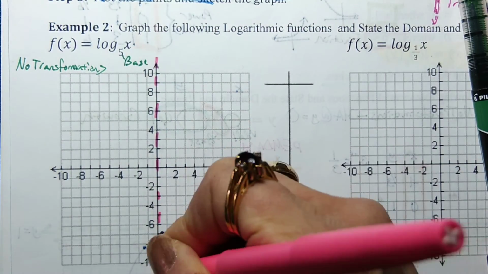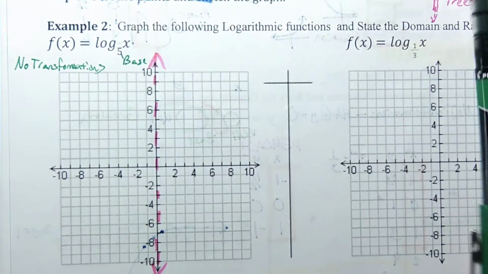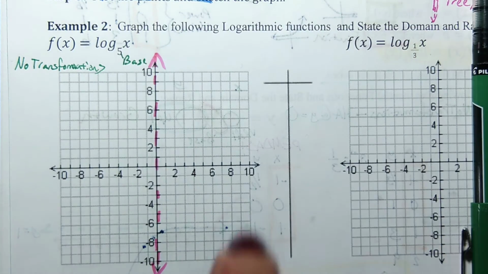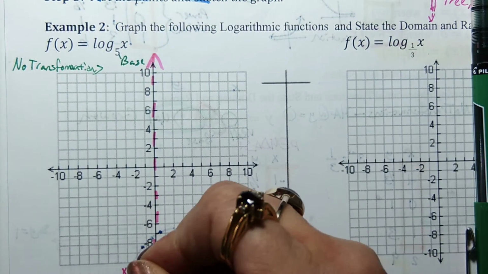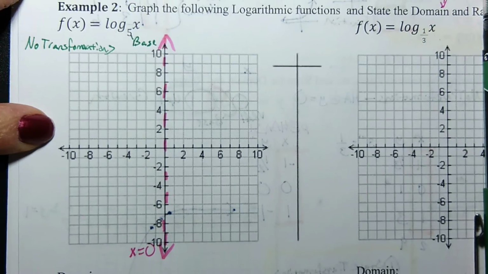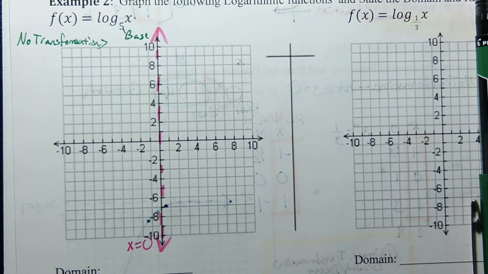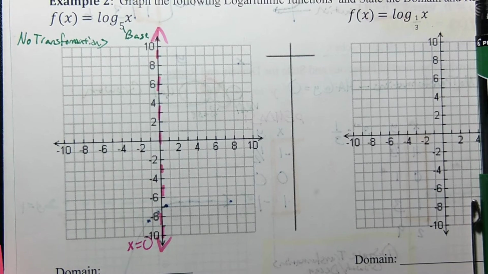Vertical asymptote at x equals 0. So remember, Vex and Hay, vertical lines are x equals equations, horizontal lines are y equals equations. So no transformations, vertical asymptote.